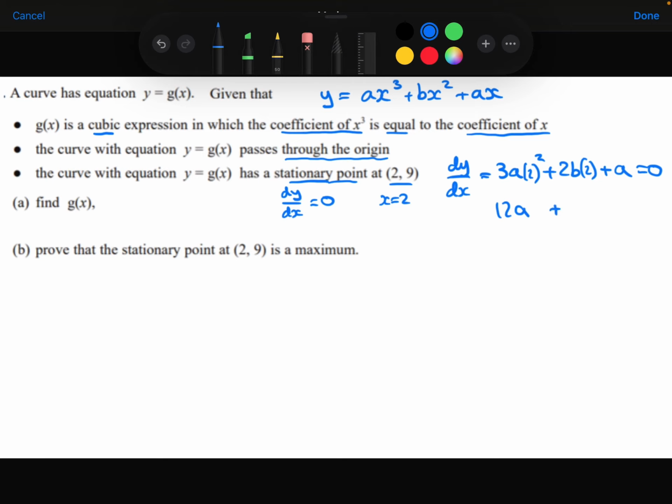The 2b times 2 is 4b plus the a. And then I can collect up these like terms to get 13a plus 4b equals 0. And there's not a huge amount more I can do with that at this stage, so I'm going to pause there.